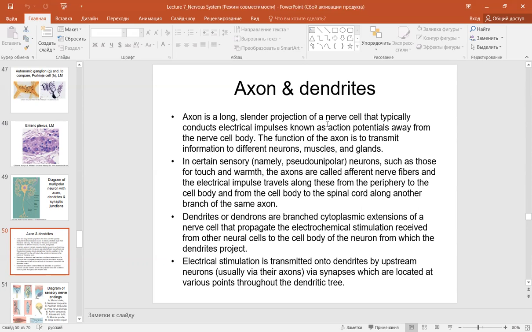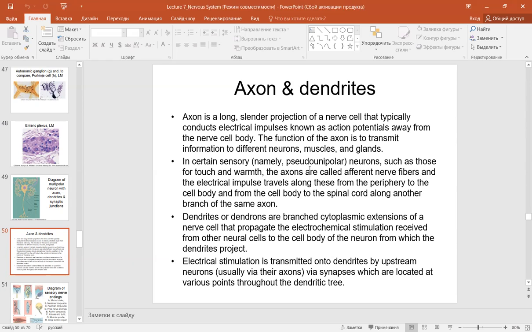An axon is a long slender projection of the nerve cell that typically conducts electrical impulses known as the action potential away from the nerve cell body. But this is as a rule. The function of the neuron is to transmit information to different neurons, muscles, and glands. But there are exceptions to this rule.